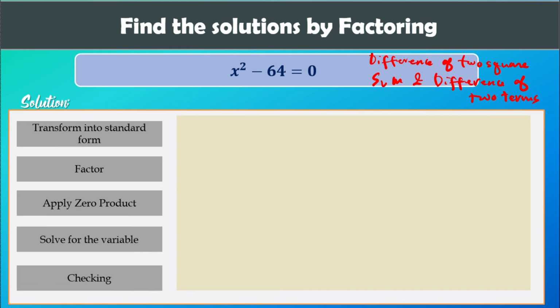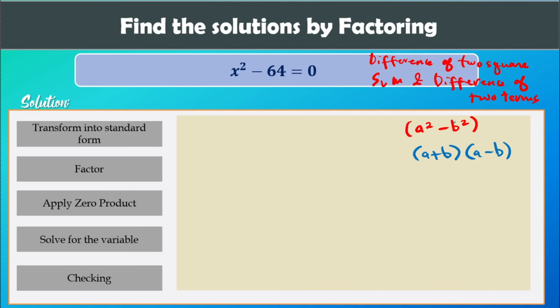Yung sum and difference of 2 terms. Okay, ganito yan. Pag meron kang a squared minus b squared, difference of 2 squares yan because yung a and b are squares. Yung factors nito is sum and difference of 2 terms. Magiging a plus b and a minus b. Okay, ganyan yung factors niya.